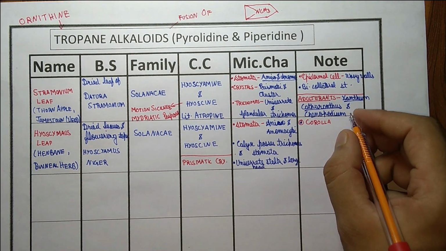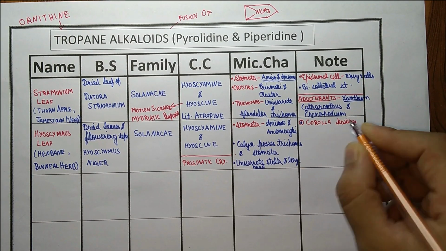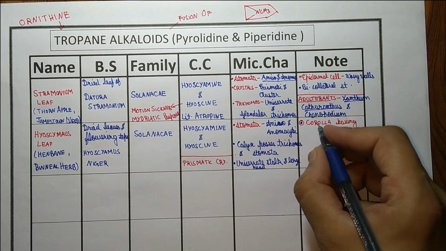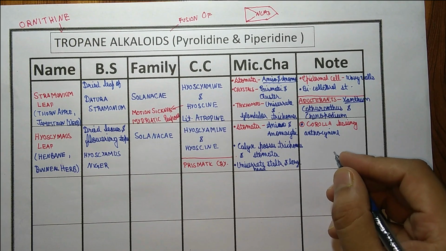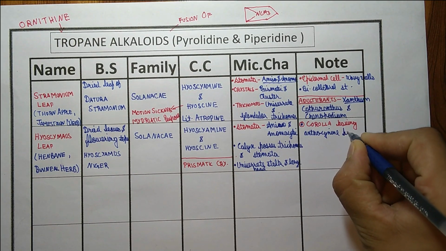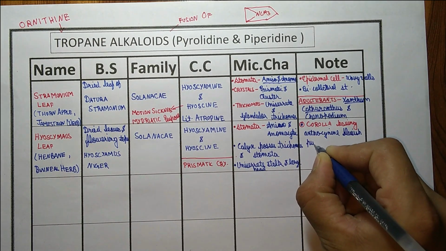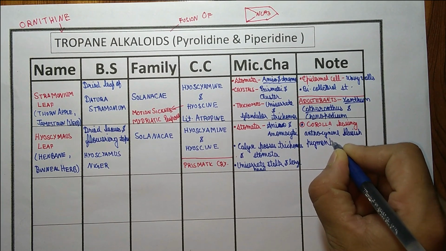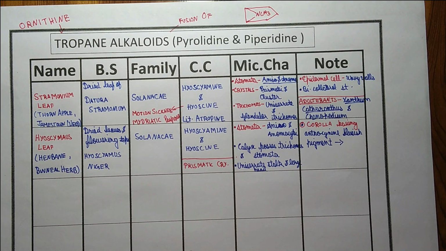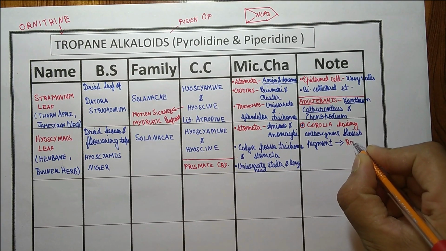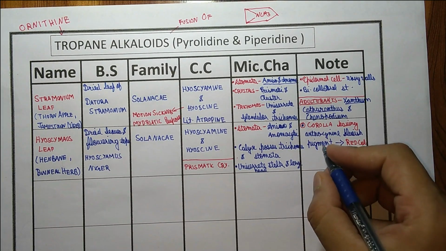The corolla has anthocyanin, a bluish pigment, and it converts into red color in presence of chloral hydrate.